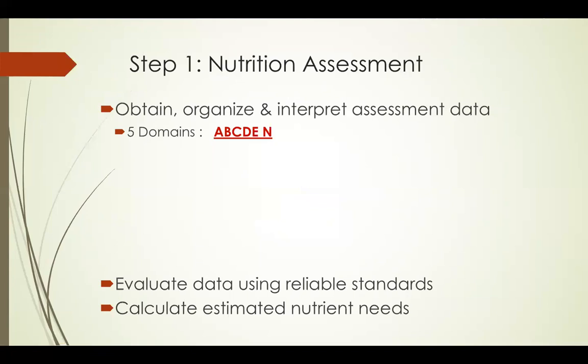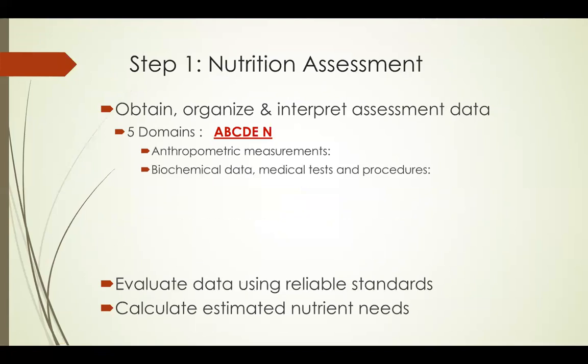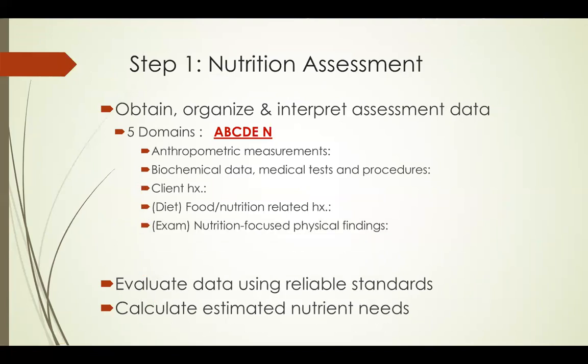And we're going to have an entire lecture on this coming up, but we can get into it a little bit now since it's the first and most important step. So the 5 domains include anthropometrics, which we'll talk about, biochemical data, client history, diet, which is food or nutrition related history, exam, which is a nutrition focused physical exam, and then nutrient needs, the calculation of nutrient needs for the patient.